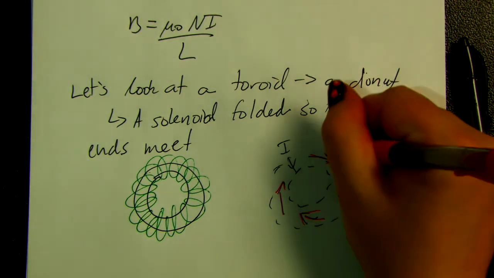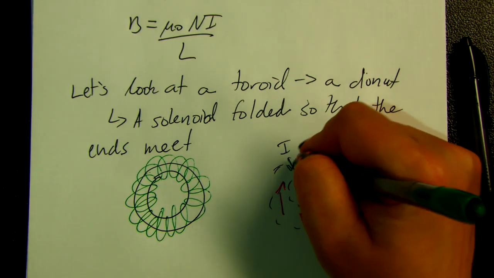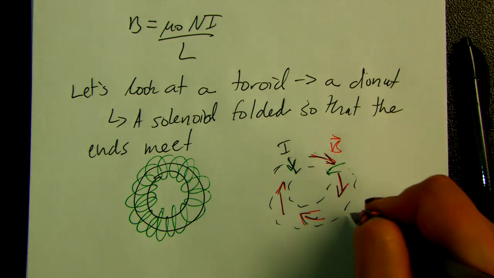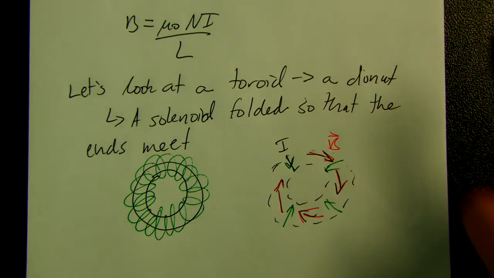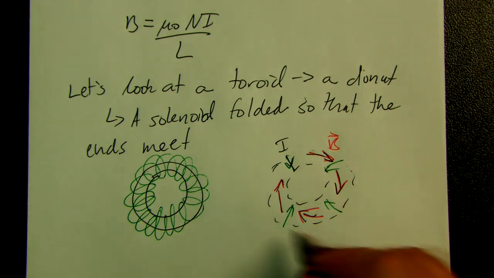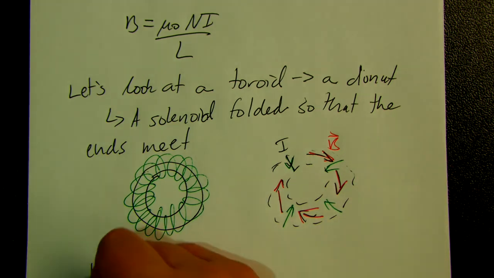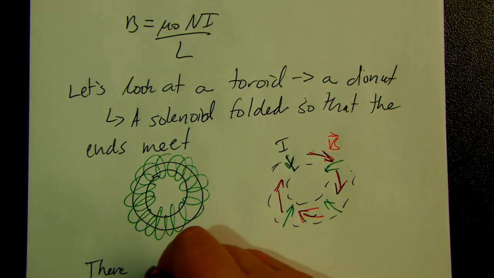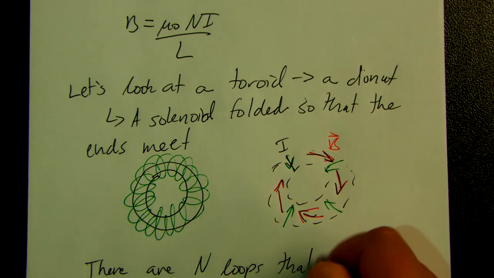Our magnetic field B, and here are the I's that are piercing. I'm obviously not drawing all of them, but you get the idea. So we now have the current piercing through the surface several times, and you've got your magnetic field B. So there are N loops that pierce the area.